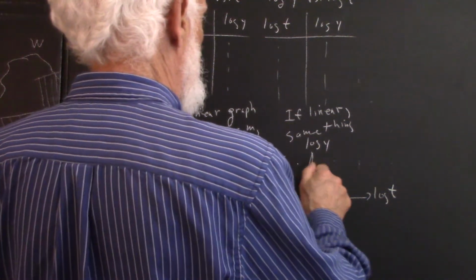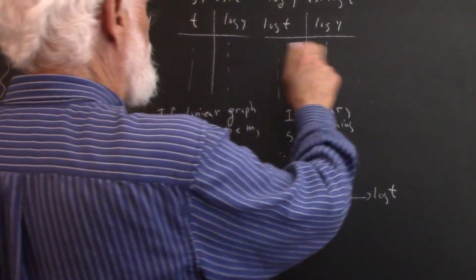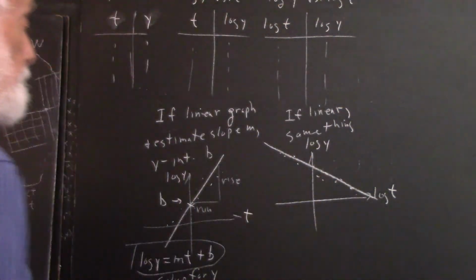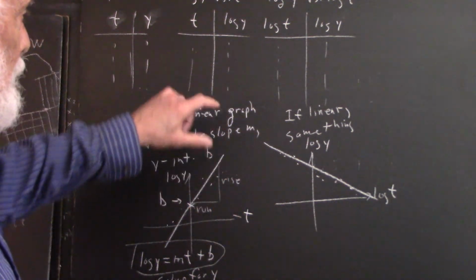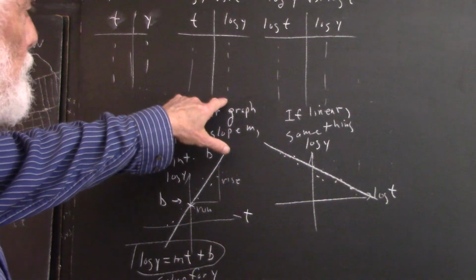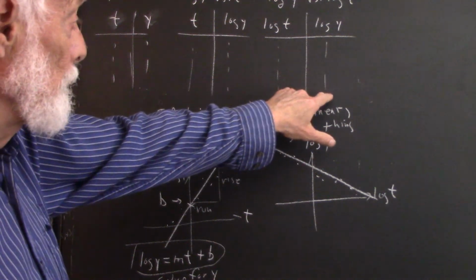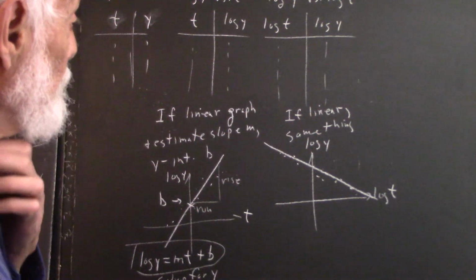And your graph, whatever it is, okay, your points from this table could give you a straight line. Okay, now, one thing I'll back up and say, if this is a straight line, then this isn't a straight line. If this is a straight line, this isn't a straight line. Okay, you might think about that.